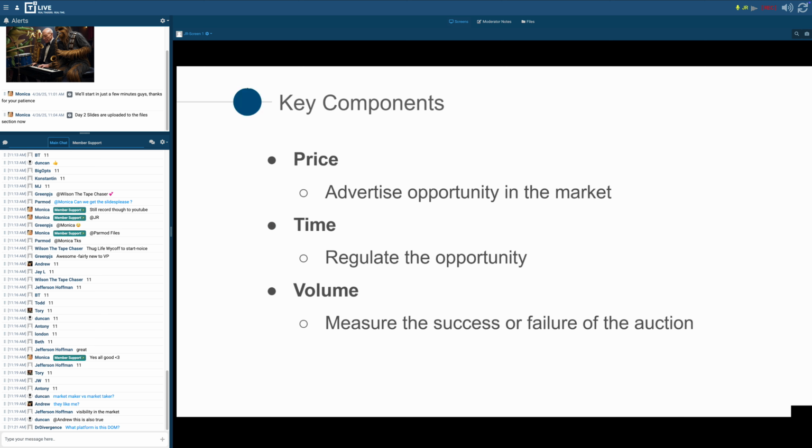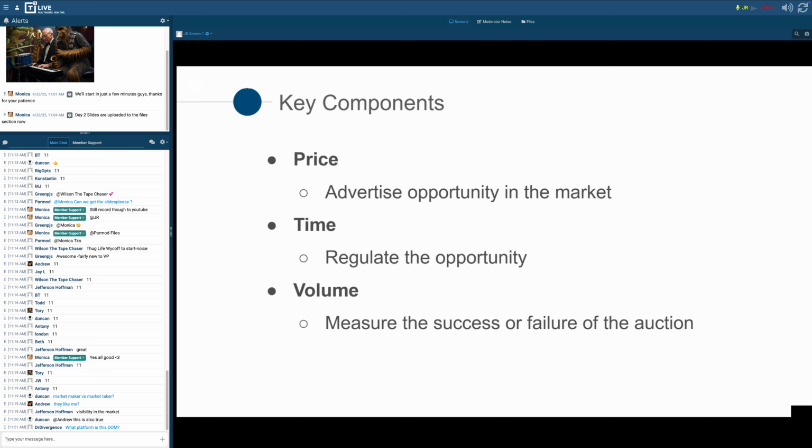And then time regulates that opportunity, through the x-axis, and then we've got volume, and that is the measure of success or failure of a particular auction. And that's where we get into your points of control, your B-shaped profiles, your D-shaped profiles, your high volume nodes, your low volume nodes, and what they mean.